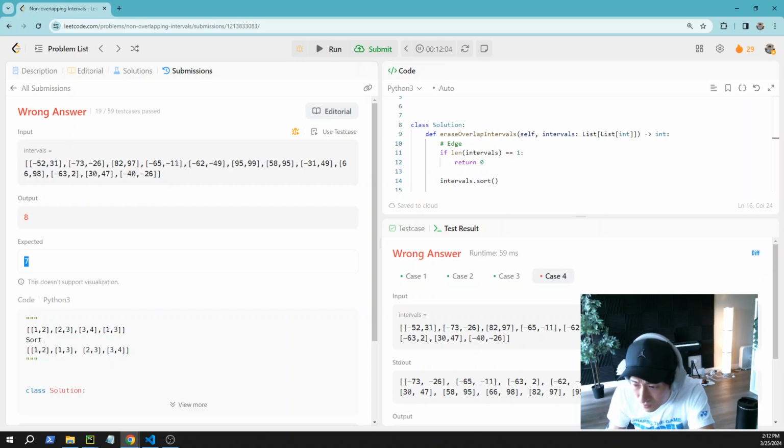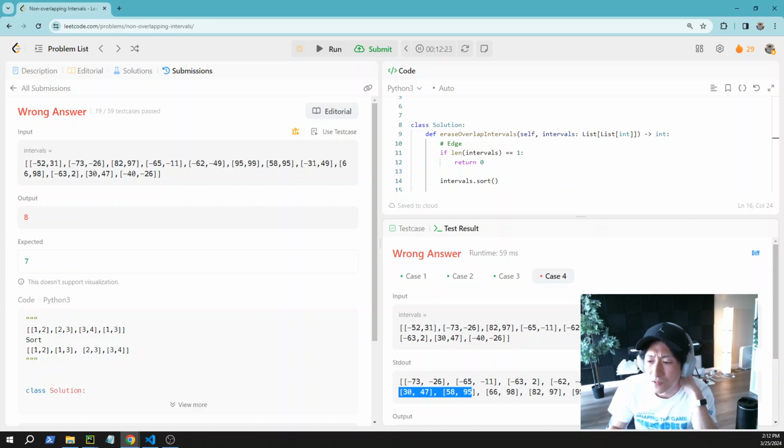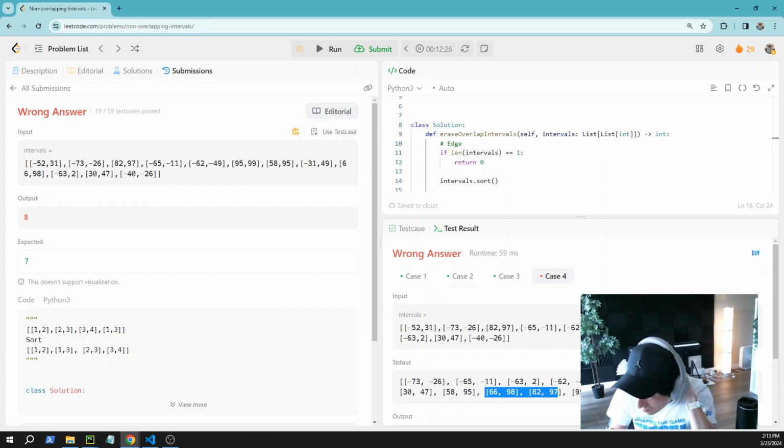So these guys are not overlapped. This is overlapped. This is also overlapped with 5895. 5895, 5895. This is no overlap. So it looks like I need to remove these two. So it's fine. It looks like negative is not working.